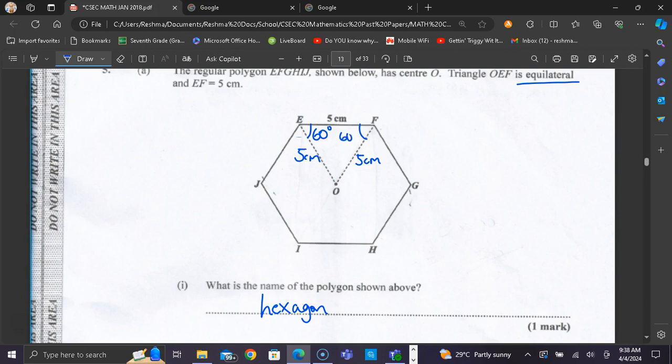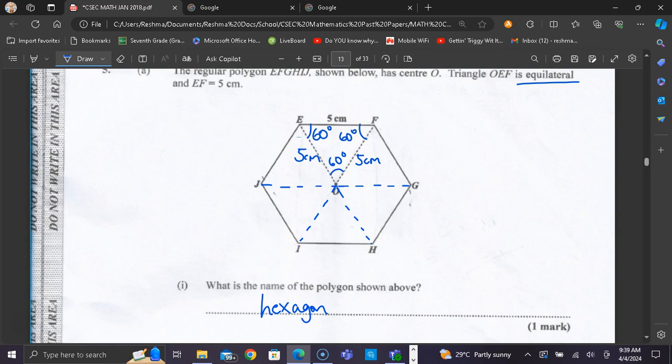So now that we know that, we can find the area of triangle OEF and multiply that by 6 to get the area of the entire hexagon, because this hexagon is actually comprised of 6 congruent triangles, just like triangle OEF. That's what congruent means. Same size, same shape.